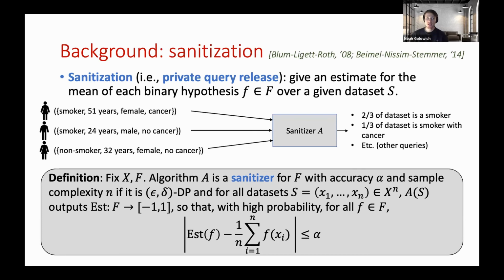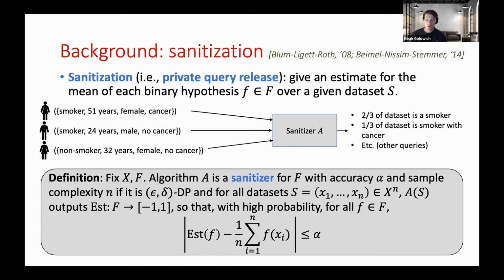Intuitively, you should think of sanitization as something that's stronger than learnability. In learnability, we want to find a single hypothesis which has good error in terms of a certain distribution. For sanitization, we actually want to compute this estimator, which has a certain property that holds over all hypotheses.